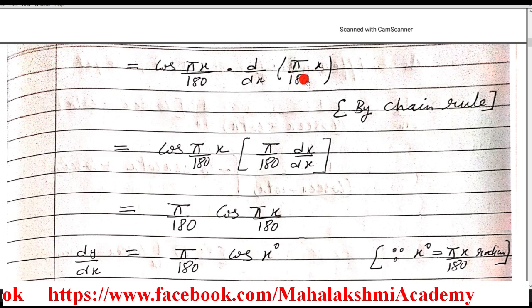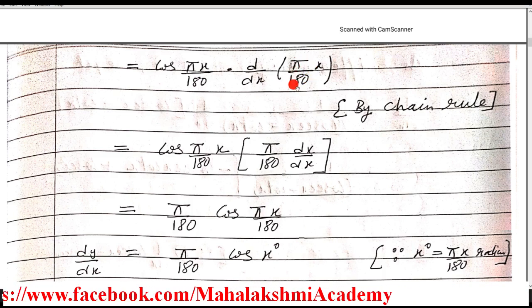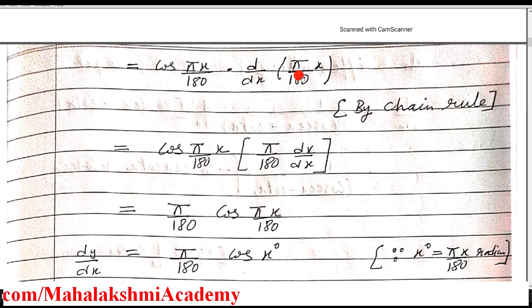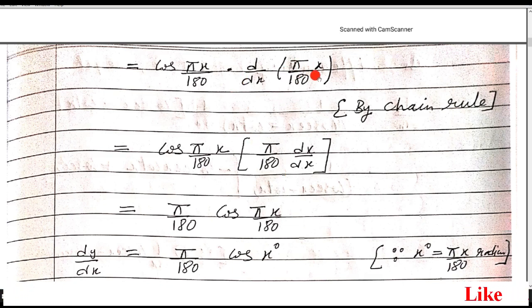When we differentiate it again, this pi upon 180 is a coefficient of x, so it will come in front, and then only x we have to differentiate. As you can see, I wrote here pi upon 180 came out of the derivative symbol, and only x we have to differentiate.